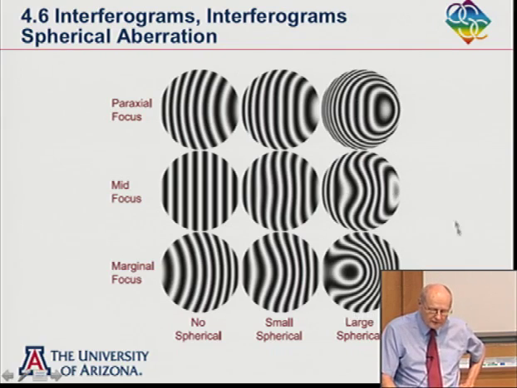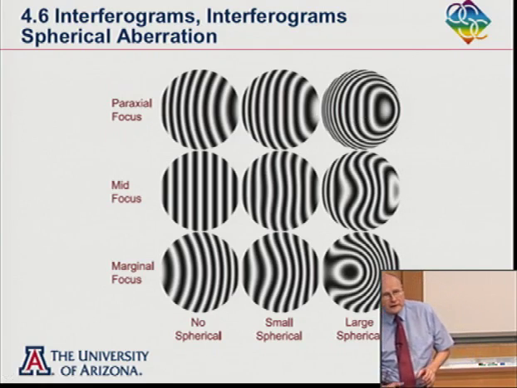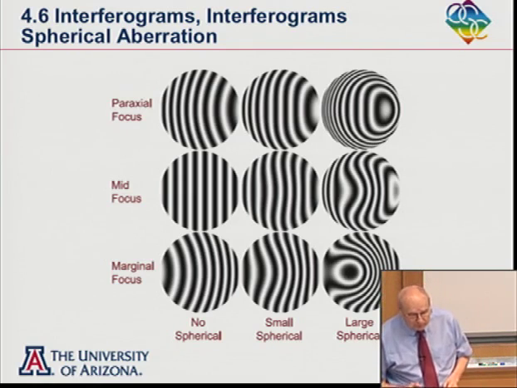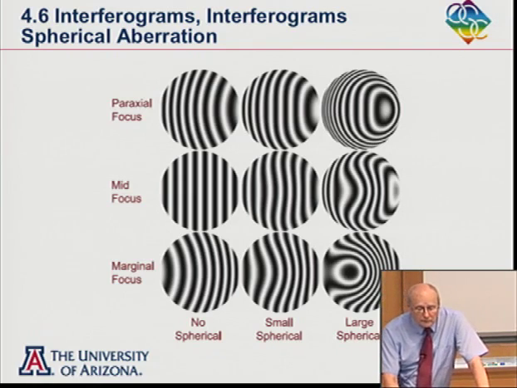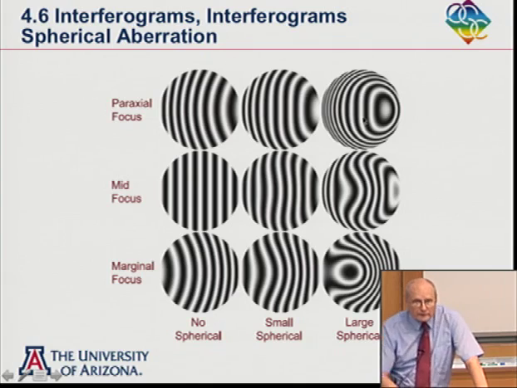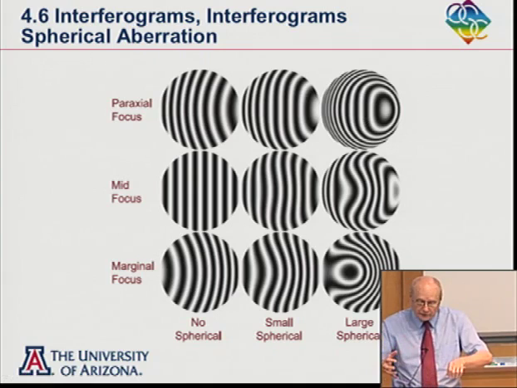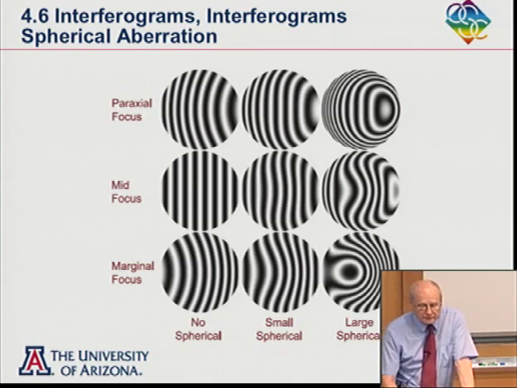If I go up here to the top one that we call paraxial focus, we see here that in the center we have straight fringes. So this might be for testing a parabolic mirror at the center of curvature. So we're going to get a little spherical aberration. We first set it up so that the focus of a diverger lens is at the center of curvature of the center portion of the mirror.